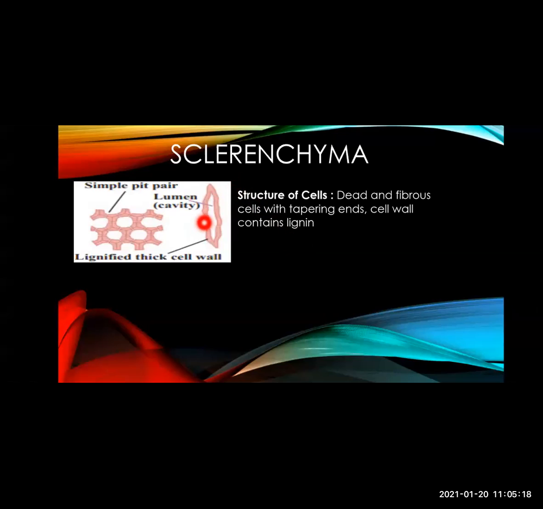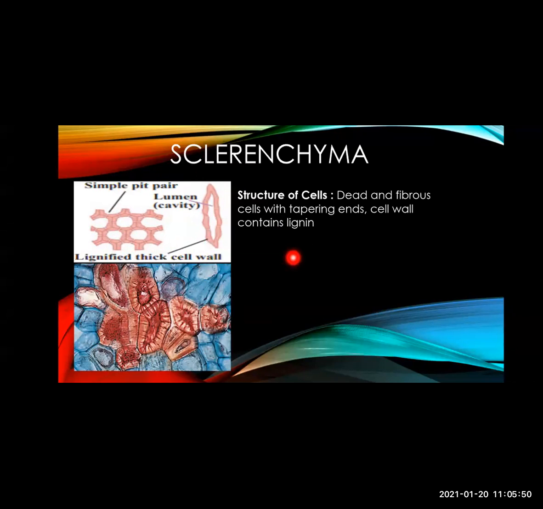You can see it is pointed towards the end and flat in the middle. When you take a section, a TS, that is transverse section, you can see it like this. Now, observe the cell wall of this tissue. These are very thick as compared to collenchyma. The brownish color that you see is because of the protein known as lignin. So these are lignified cells.